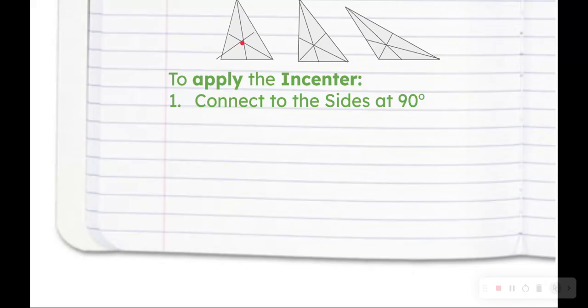If my incenter is right here, and I draw a segment that's 90 degrees with the side, here, this one's better, then it's going to be the same as if I draw a 90-degree segment here, and a segment that's 90 degrees with this side.